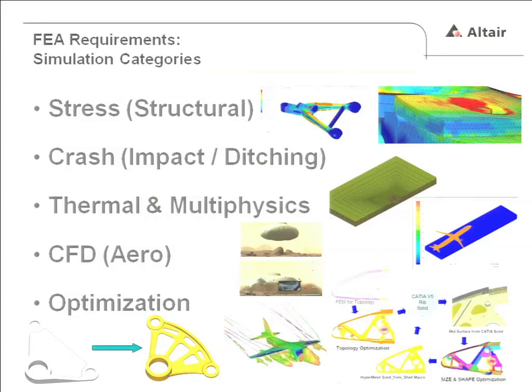Things like impact and ditching. Basically anytime one thing is crashing into another, I think of that as crash analysis. There's thermal and multiphysics, computational fluid dynamics. If you're into aerospace, the aero group typically likes to run in the CFD arena. And then there's optimization. And I think we'll talk one slide about the first two and the last bullet point on here. And we'll take a closer look at that.